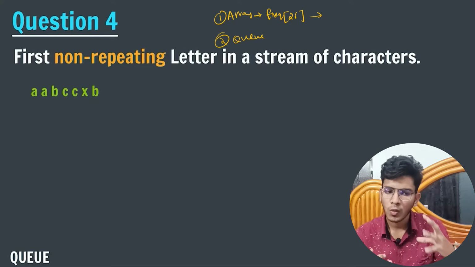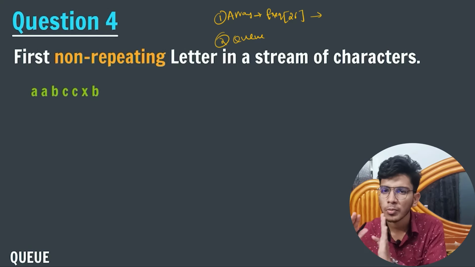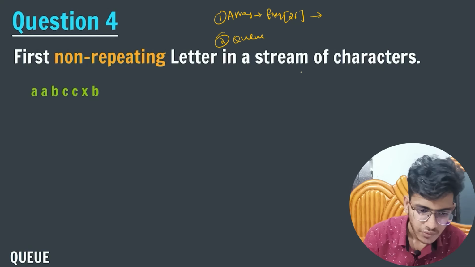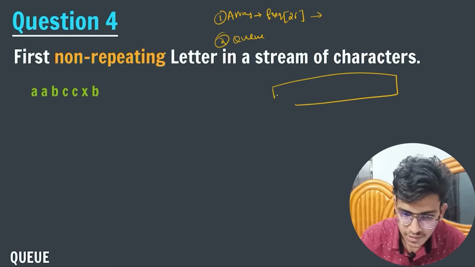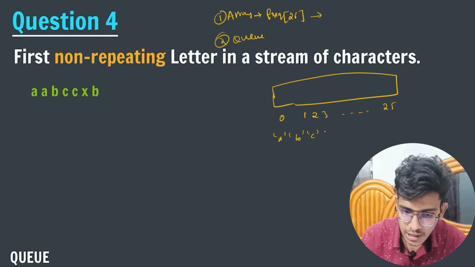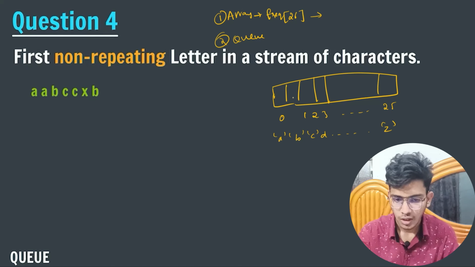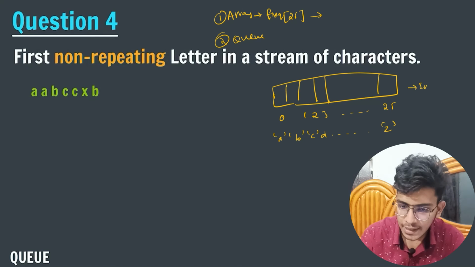Now let us talk about the overall procedure of this question. First of all, I have created an array of size 26, 0, 1, 2, 3 up to 25, and this will represent each individual character, A, B, C, D and so on up to Z. Initially all the characters are assigned 0.